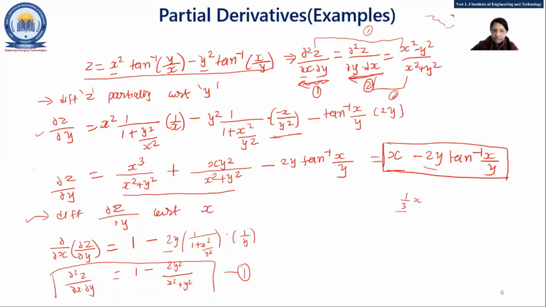Now consider z again and differentiate with respect to x, and then with respect to y. You will have the same answer. Just remember that you apply the multiplication rule only when it is required.